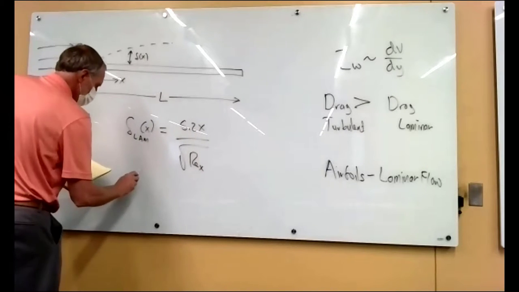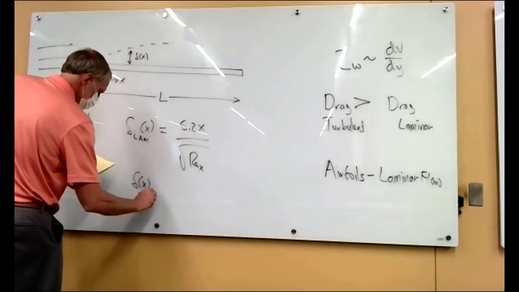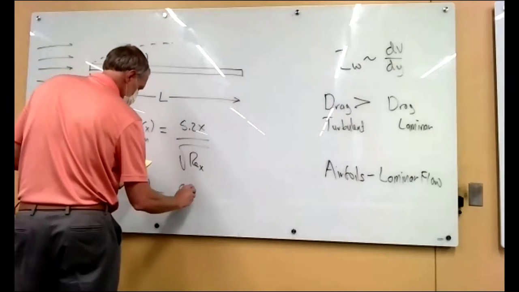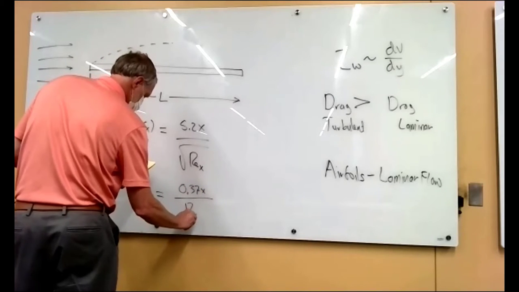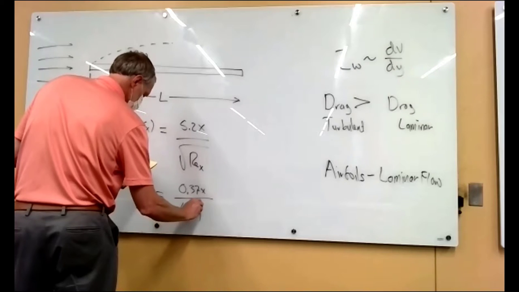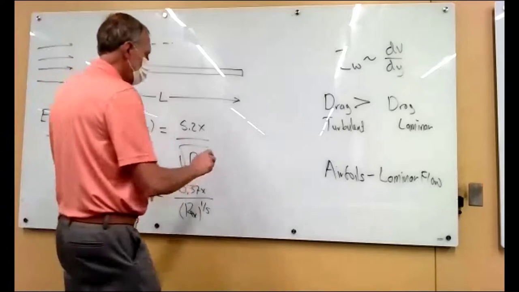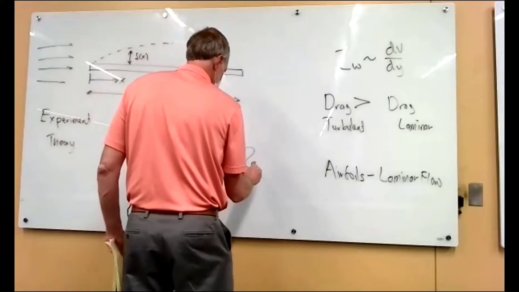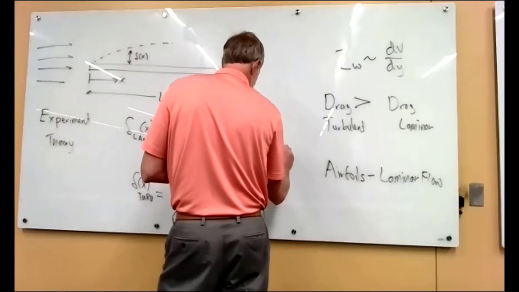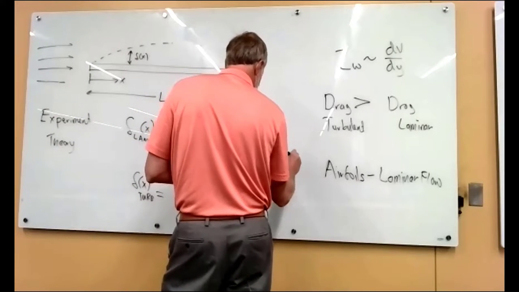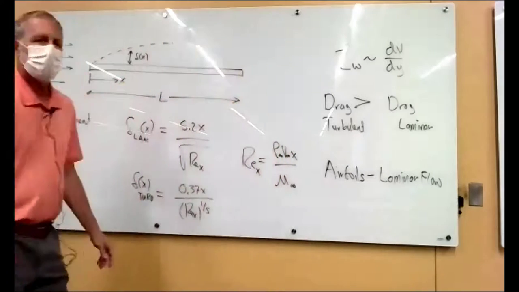And for a turbulent boundary layer, you have this formula, where that Reynolds number, Re_x, is calculated as the density times the velocity times the distance x divided by the viscosity.